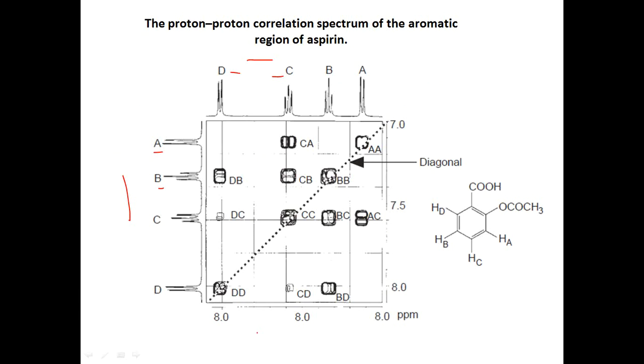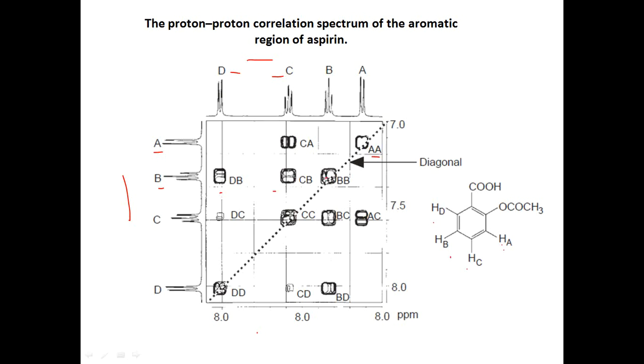You can see the 4 aromatic protons and how they are interacting with each other, and it can be clearly seen in this 2D NMR spectra. These are called contours. Like in this plot, the interaction frequency of A to A is the same proton, so it comes diagonally.